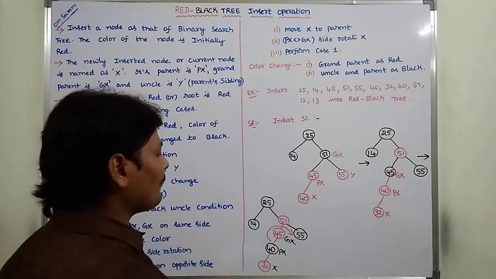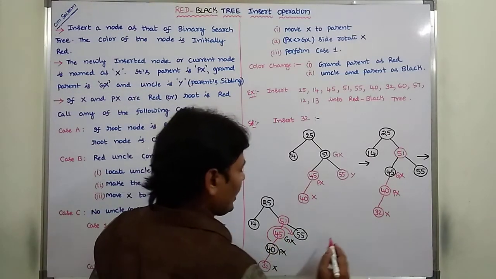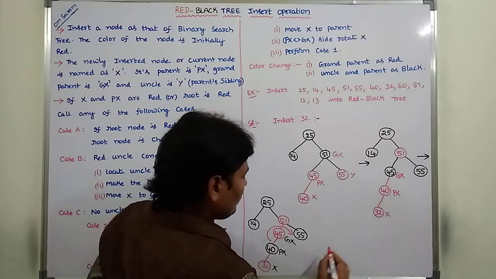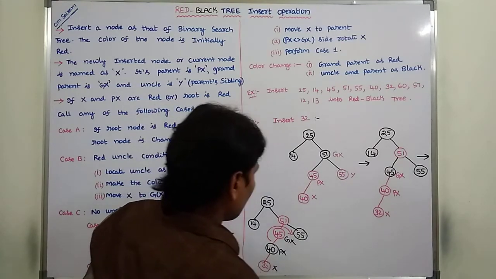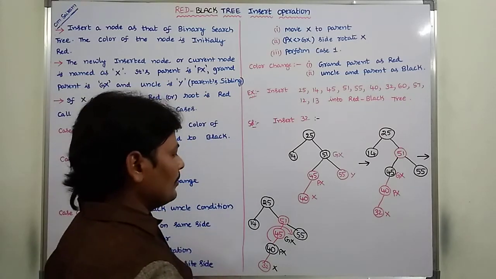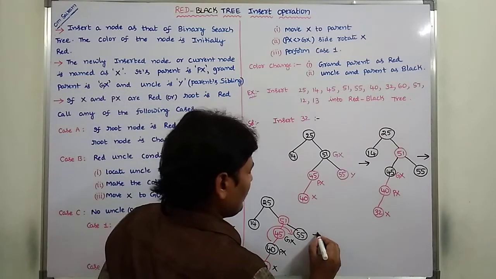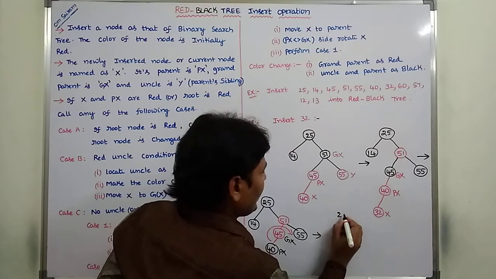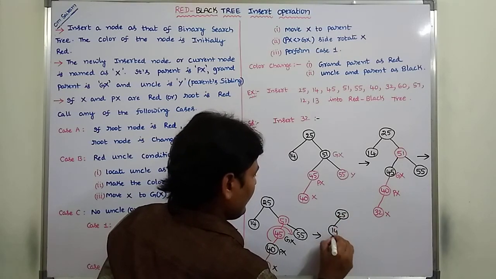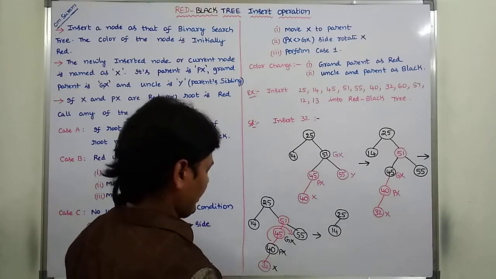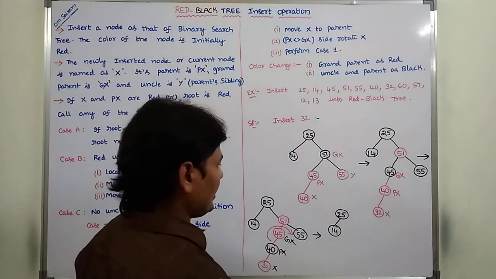After performing the right rotation, we get this tree. This is 25 and this is 14. Next 51, that is red.